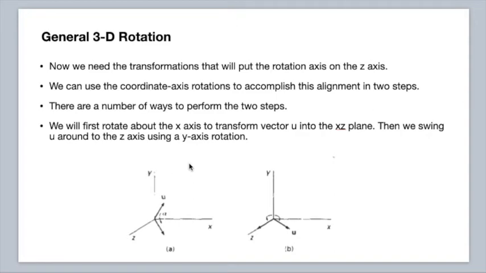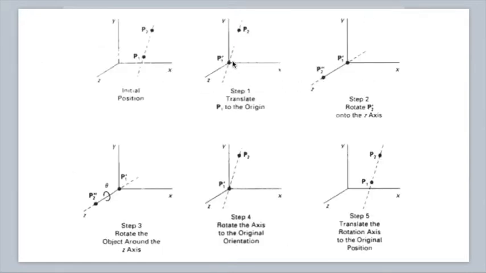We first rotate this vector about the x-axis to transform the vector to the xz plane. Here the vector is something like this. The unit vector u is the direction of this P1 dash P2.